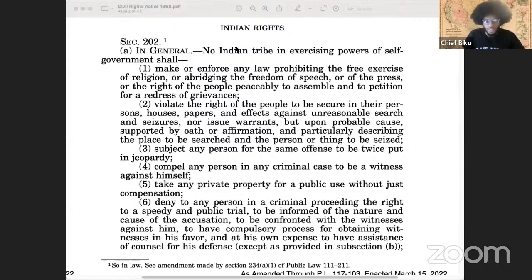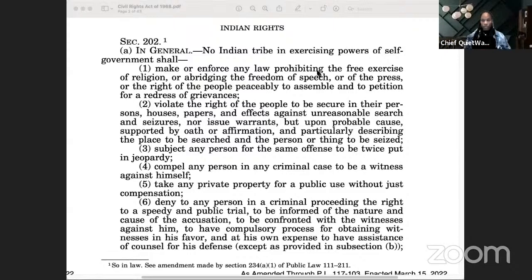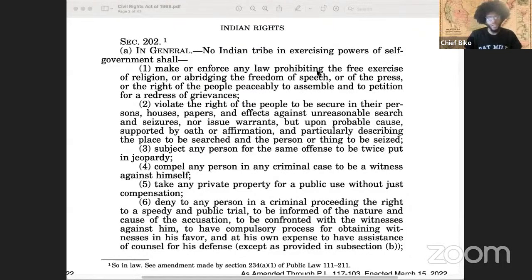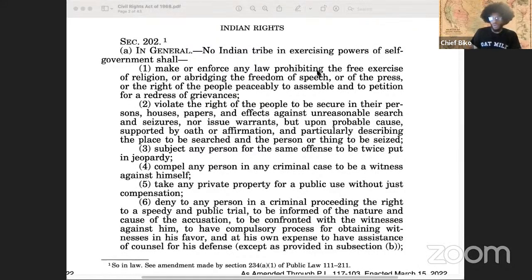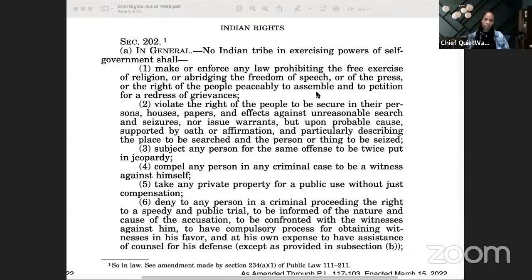No Indian tribe in exercising powers of self-government shall make or enforce any law prohibiting the free exercise of religion, press, speech, etc. So you nations here within this now state of Oklahoma, in their Indian territory, you can govern it how you want, but you can't go against our Bill of Rights. Mm. So you can't govern it as you want, because now you're still subject to a higher authority, which would be the United States government. Right. That's very key in this.